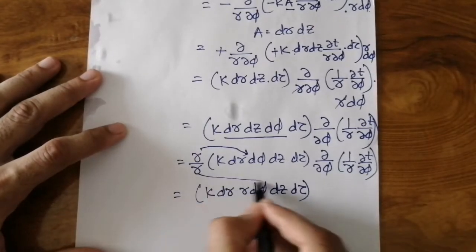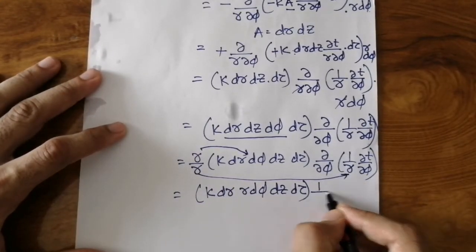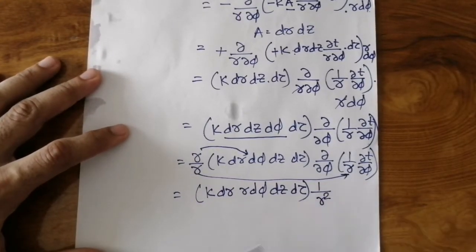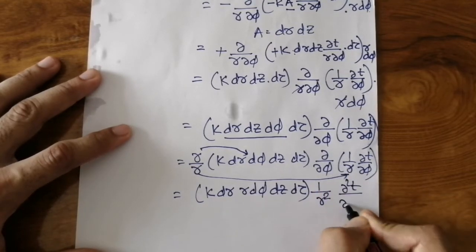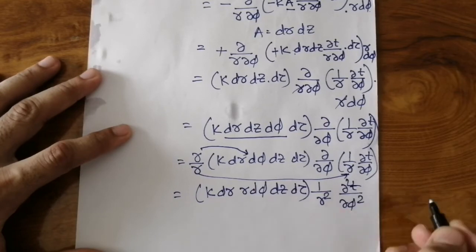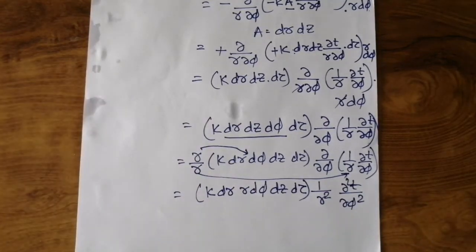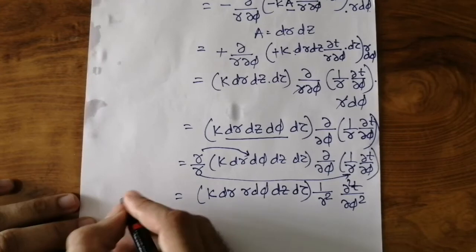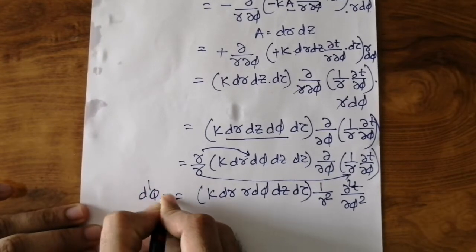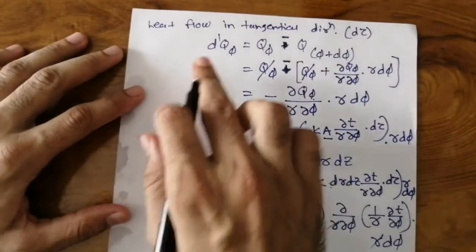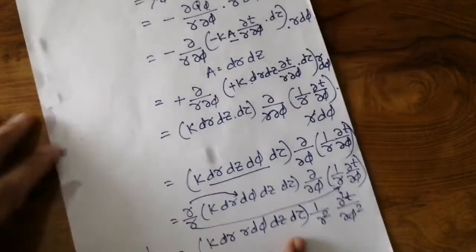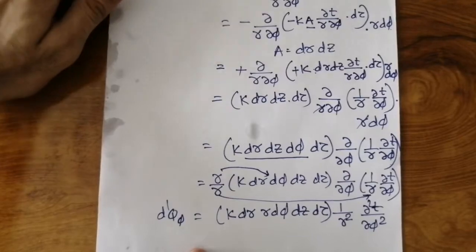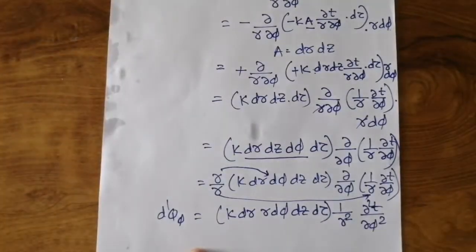Here 1 r is present, so this will be considered 1 upon r and 1 upon r, so it will be 1 upon r square, and that will be del square T by del 5 square. That is the equation for the heat flowing in the tangential direction. First we derived the radial direction, then we derive the tangential direction.